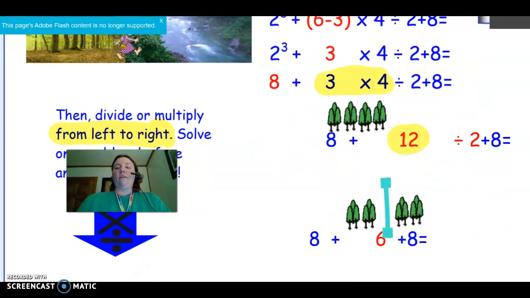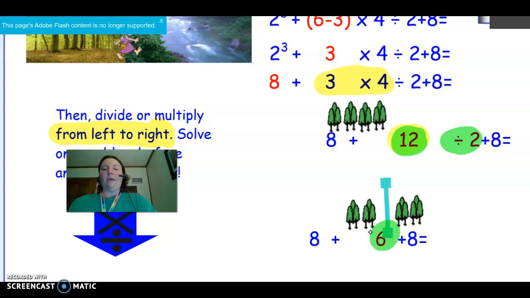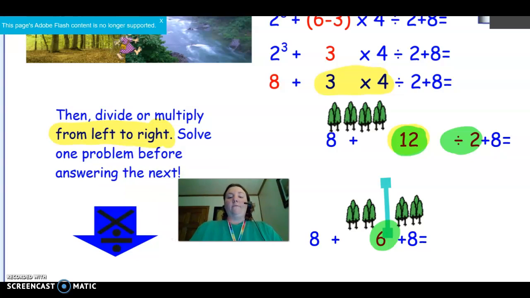And then we'll take 12 divided by 2, which becomes 6. Okay, we did that from left to right. In this case, the multiplication came first, followed by the division. It could be that division would come first. And if division comes first, then we would do that first and then do the multiplication.